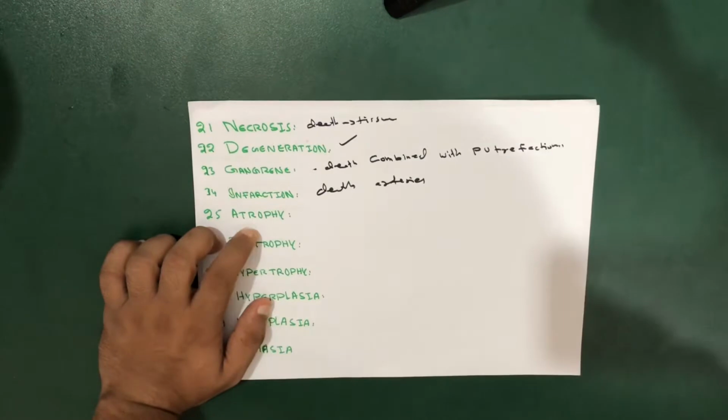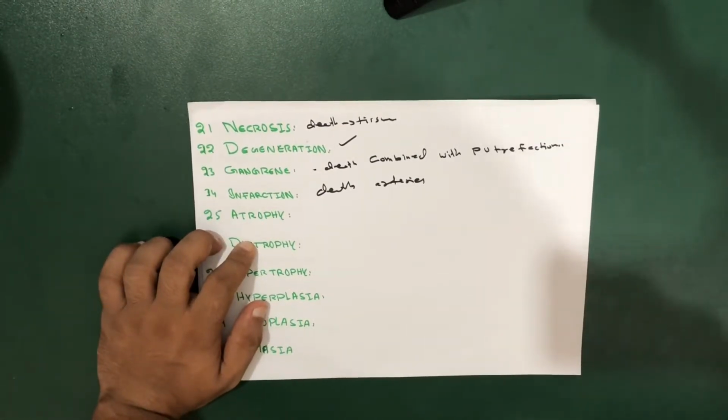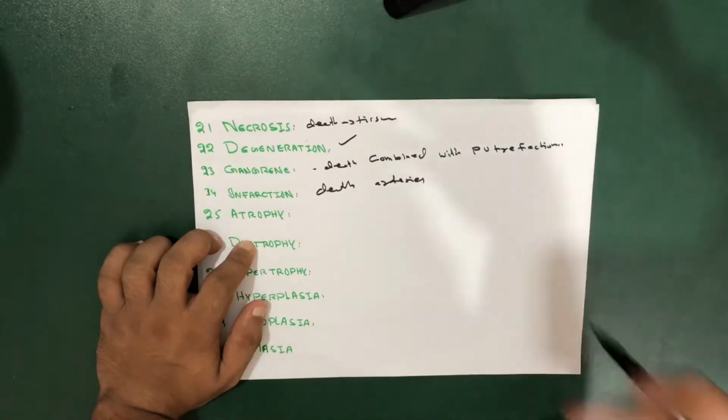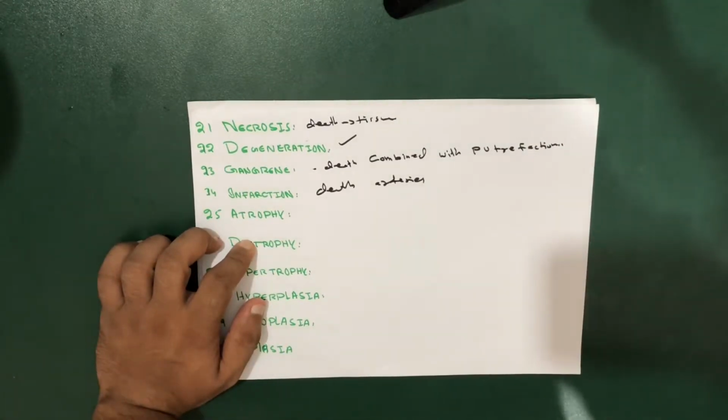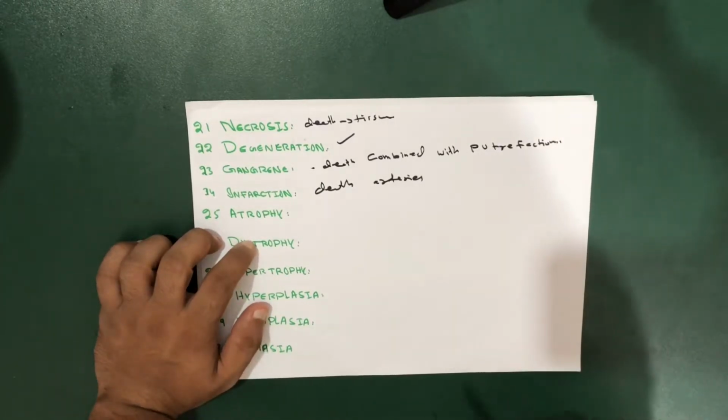Then we move toward atrophy. Atrophy means a diminution in the size of cells, tissue, organ, or part due to loss of nutrition. So it means it gets smaller.